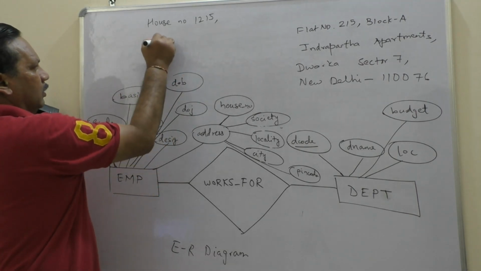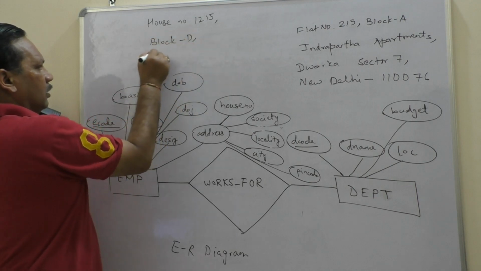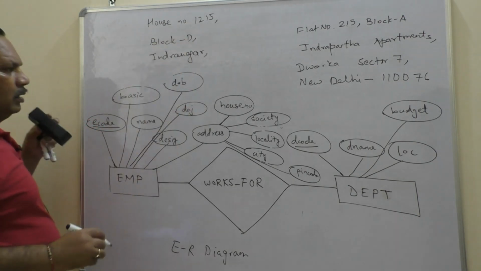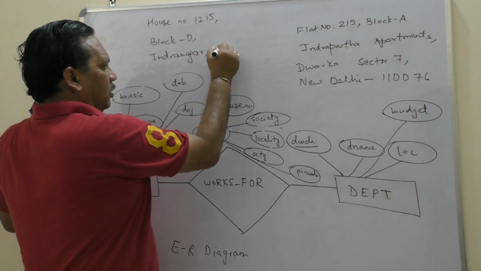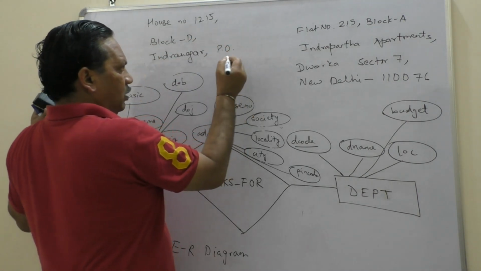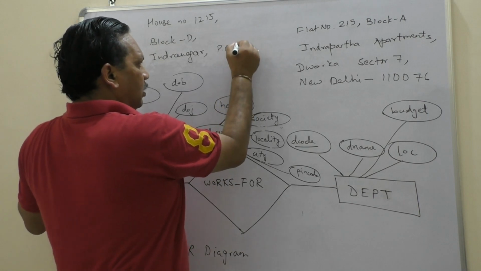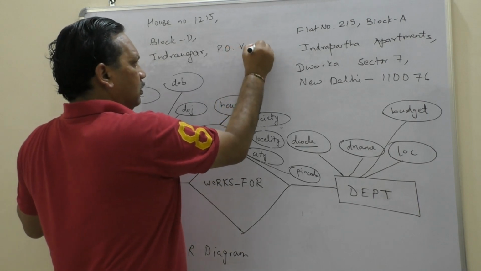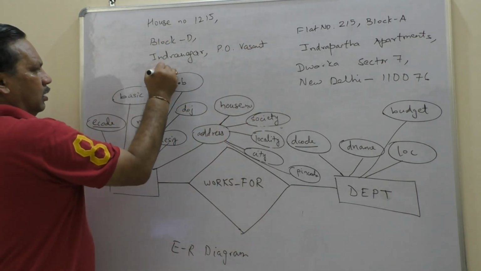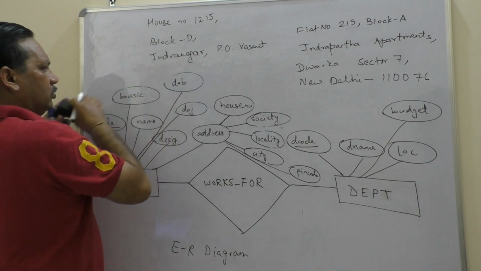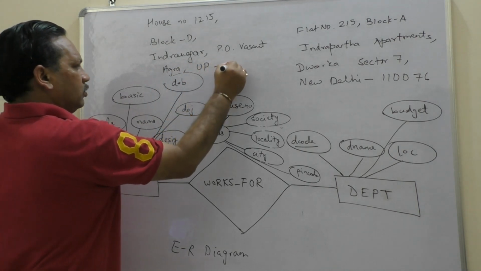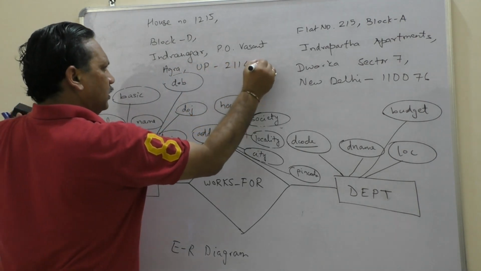block D, Indranagar, post office, say Vasant, in the post office, say Agra, and UP, say 211469, anything.